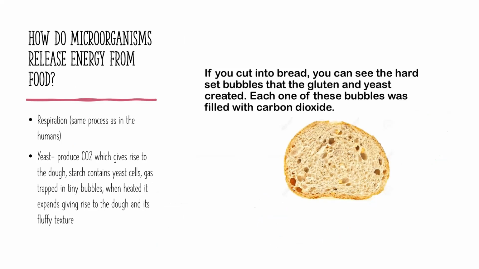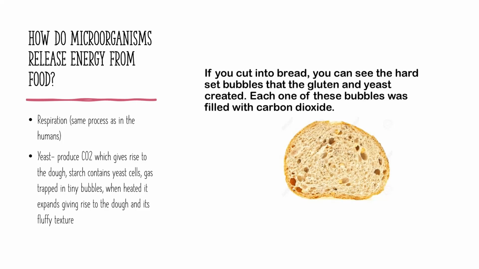When we're talking about how microorganisms release energy from their food, it is going to be through respiration, which is the complete same process as the one that we have done in humans. So microorganisms also need energy and nutrients, so they obtain that from food. And to release this energy from food, microorganisms carry out this process called respiration. And in this process, they obviously use food to give out energy and carbon dioxide.